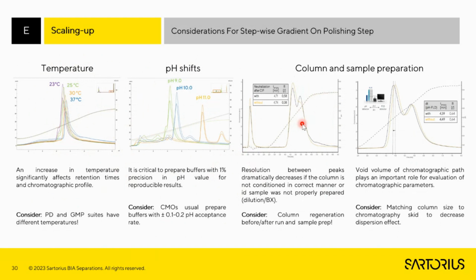If it's followed by sodium hydroxide, you have to equilibrate it properly, otherwise your resolution will suffer. Also account for any extra void volumes, column-wise and system-wise, so chromatography skid-wise, such as bubble traps and air traps. Those will all account for the broadening effect of your peak.